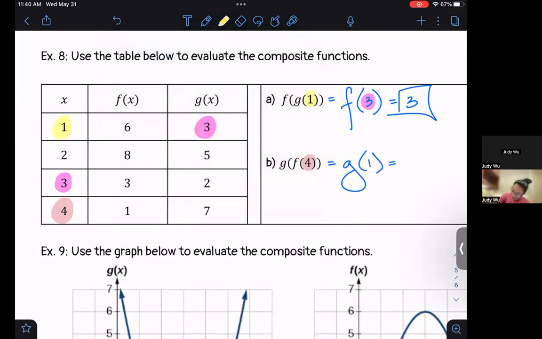Let's go back. g of 1 gives us 3. Now, we won't always get the same number out. I think that just happened to be a coincidence, but it's a good way to practice reading the table and making sure that we get the right order.